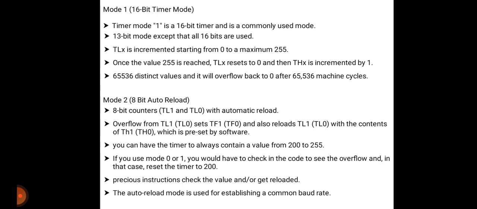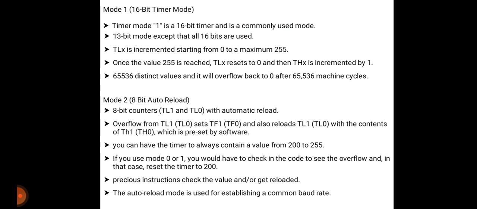The full 16-bit timer may contain up to 65,536 distinct values, and it will overflow back to 0 after 65,536 machine cycles. This is the operation of mode 1.